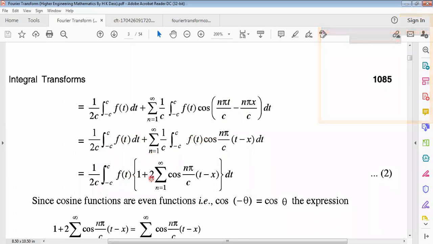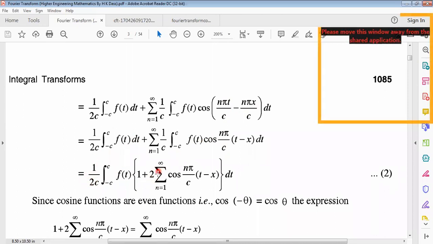So we get 1 plus 2 into summation n equals 1 to infinity, because half is common, this is why we have to use another 2 here. If we multiply this, we get this whole line: 1 plus 2 into summation n equals 1 to infinity cos n pi by c (t minus x) dt.